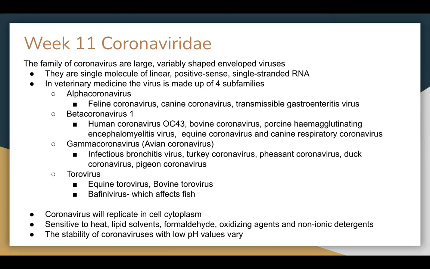Coronavirus will replicate in the cytoplasm of cells. They are sensitive to heat, lipid solvents, formaldehyde, oxidizing agents, and non-ionic detergents. The stability of coronaviruses with low pH values varies.